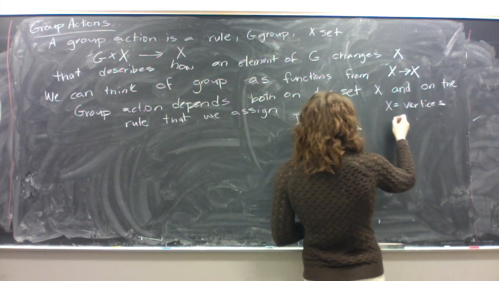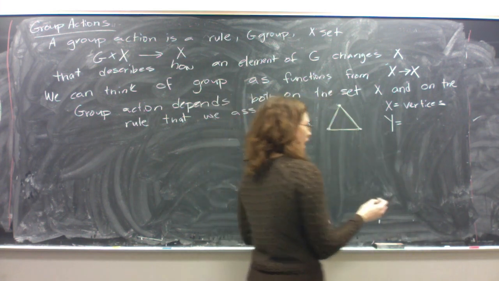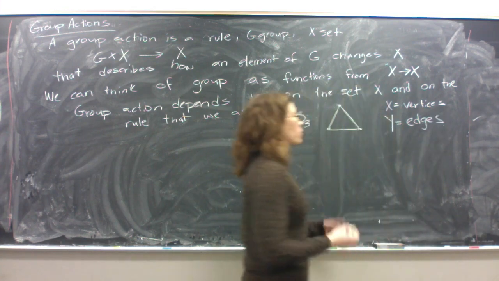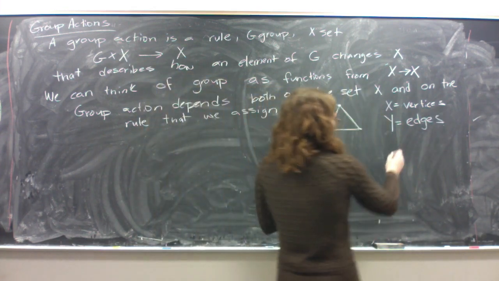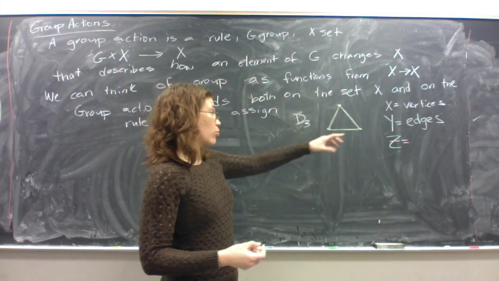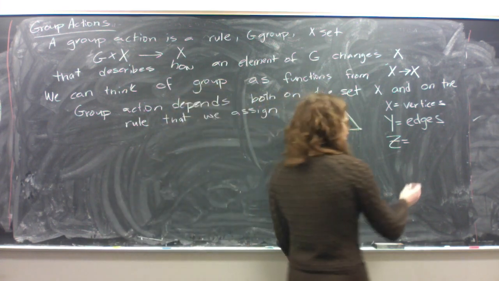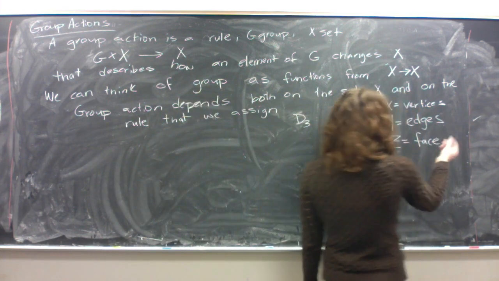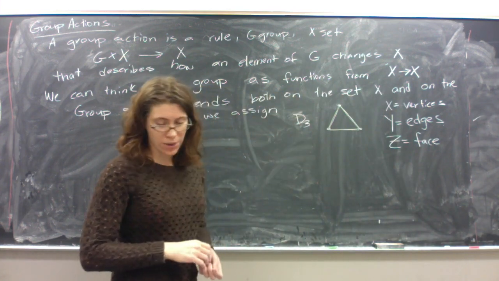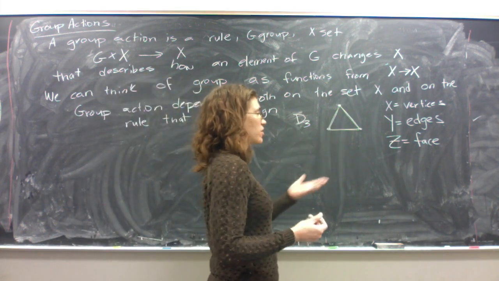We could also have that Y, another set that D3 might act on, is equal to the edges. We could further say that Z is the faces of the triangle. There's only one, but D3 acts on the face of the triangle. It takes it to itself. So any one of these are possible sets that D3 could act on. And the results that we'll get if we look at the action of D3 on any one of these sets are different.